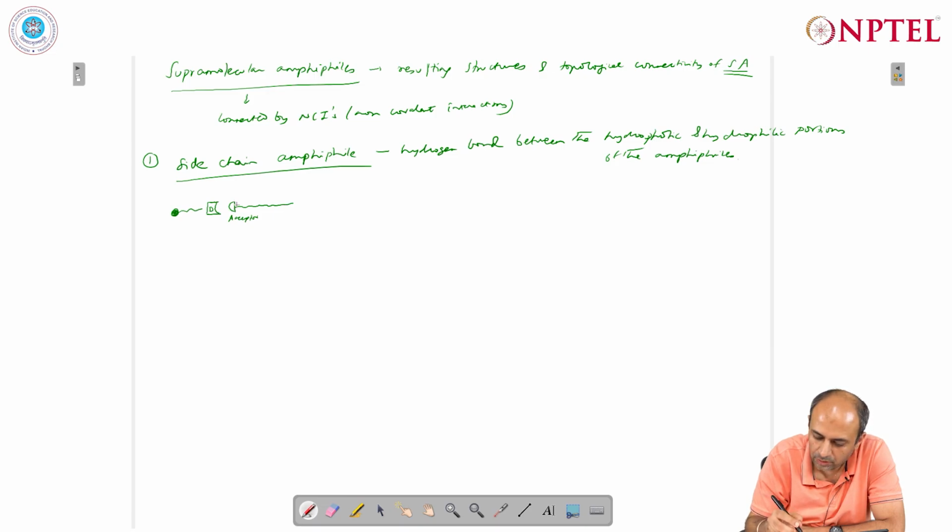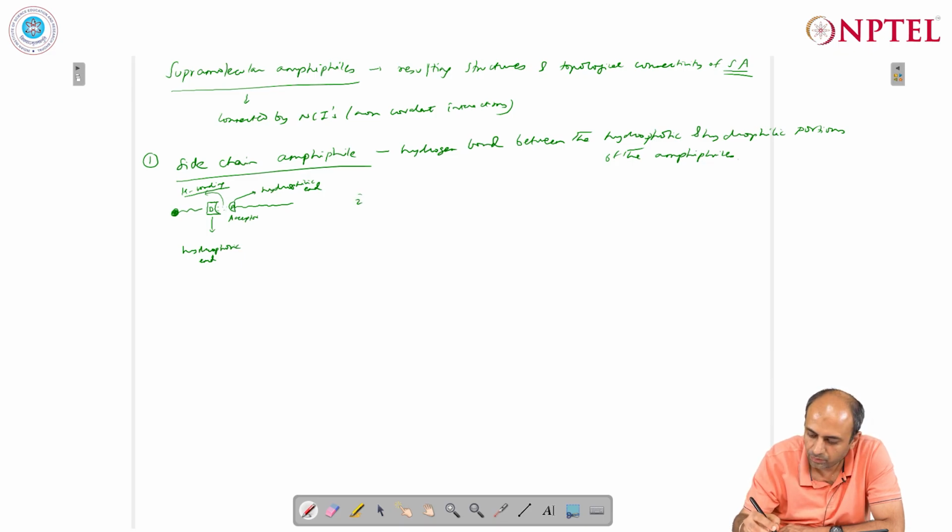Okay, so this is the acceptor A, and this is the hydrophobic end, this is the hydrophilic end of the amphiphile, and now there exists hydrogen bonding between the donor and the acceptor, and the donor comes from the hydrophobic portion of the amphiphile, and the interaction is with the acceptor, which is the hydrophilic portion of the amphiphile, giving rise to this side chain amphiphile. So this is the first classification of supramolecular amphiphile.